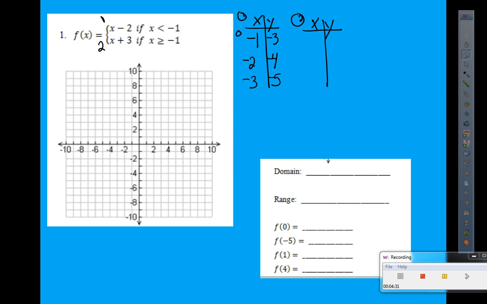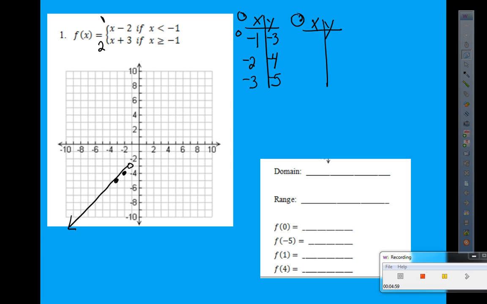So what I'm going to do now is graph piece number 1. I'm going to plot the point -1, -3, and then right here, guys, we said it should have an open dot, so I'm going to put an open dot right there. I'm going to plot the points -2, -4, and -3, -5. And then I'm going to graph this thing.